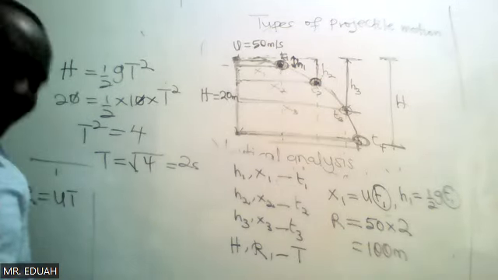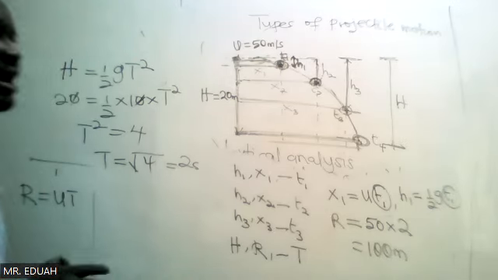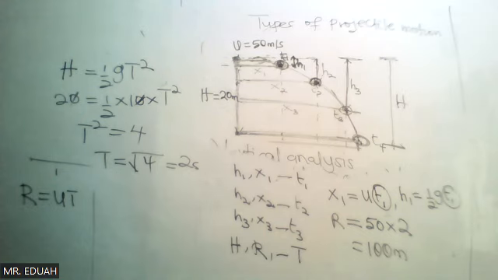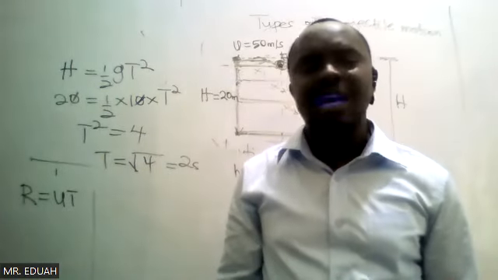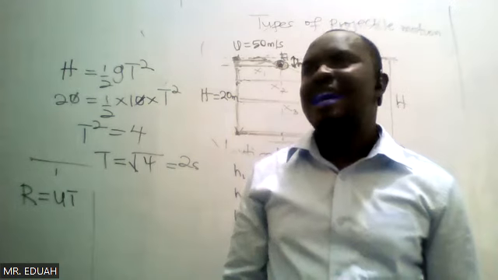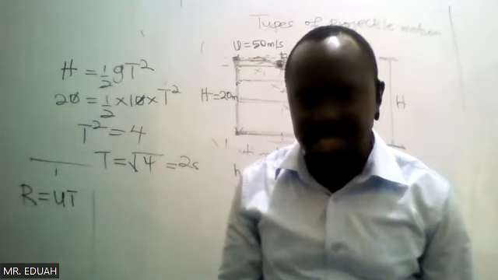Okay, so it takes the same time to cover a horizontal displacement and a vertical displacement. Now, in the books, you'll be told that projectile motion has a parabolic path or trajectory.